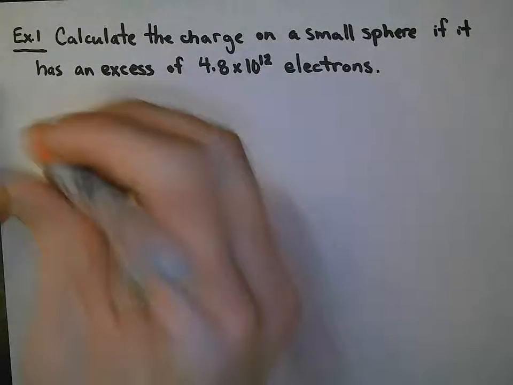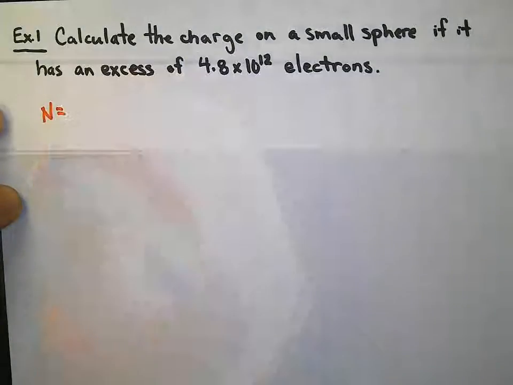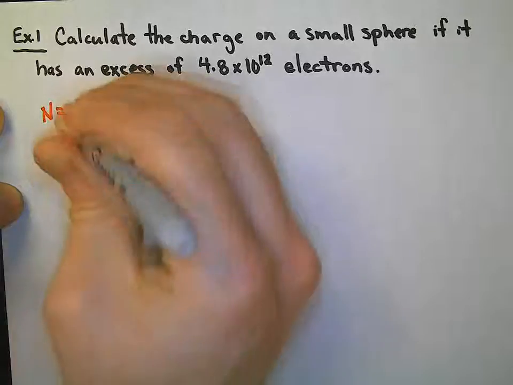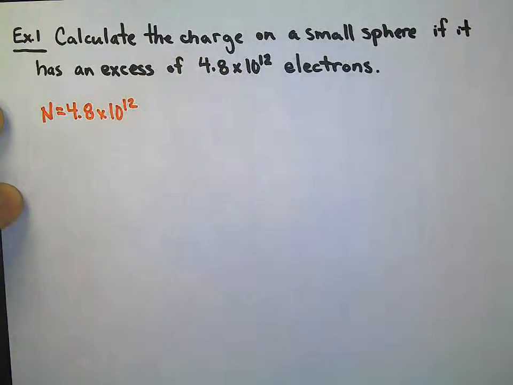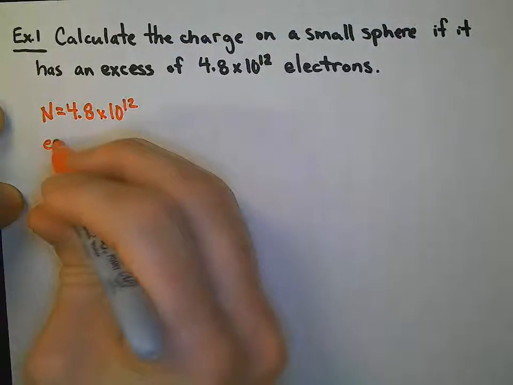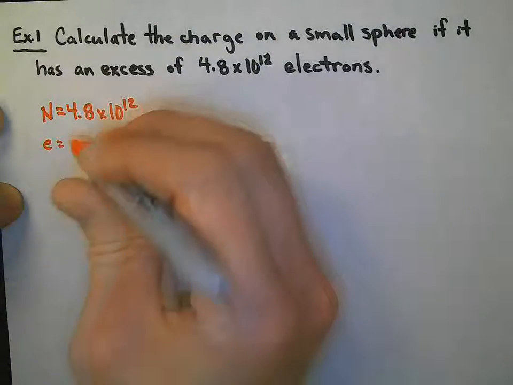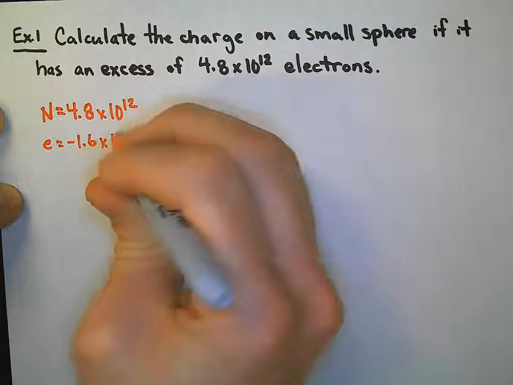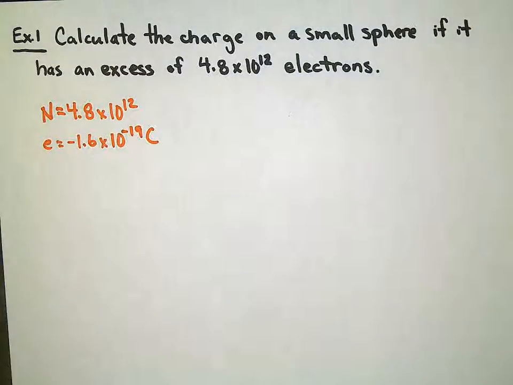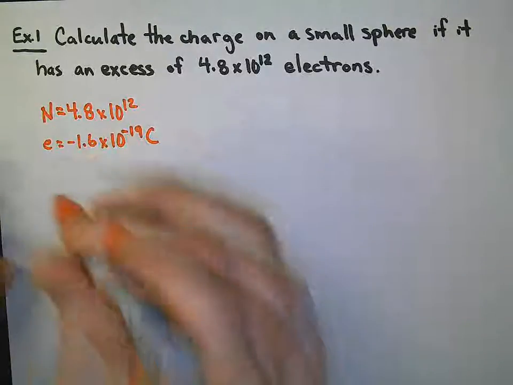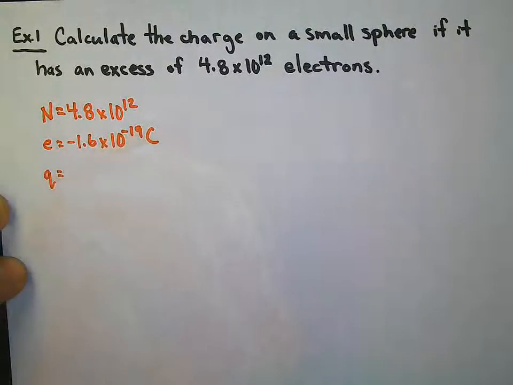In this case, it's relatively easy because the number of excess electrons n is 4.8 times 10 to the 12. Our elementary charge, because we're dealing with electrons in this case, is negative 1.6 times 10 to the negative 19 coulombs. Let us calculate what Q would be.